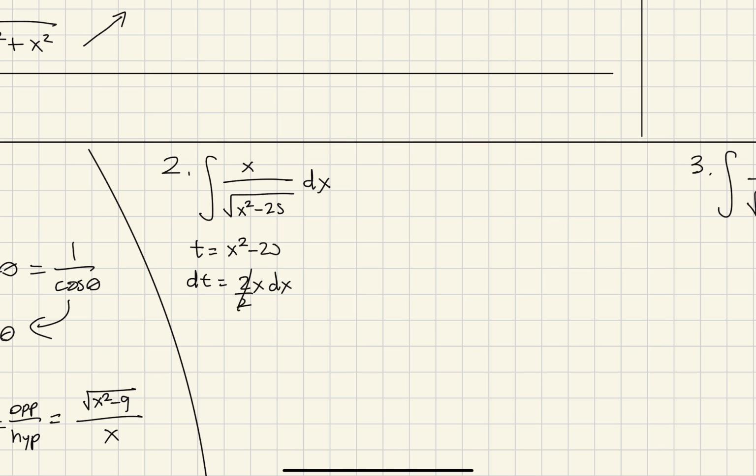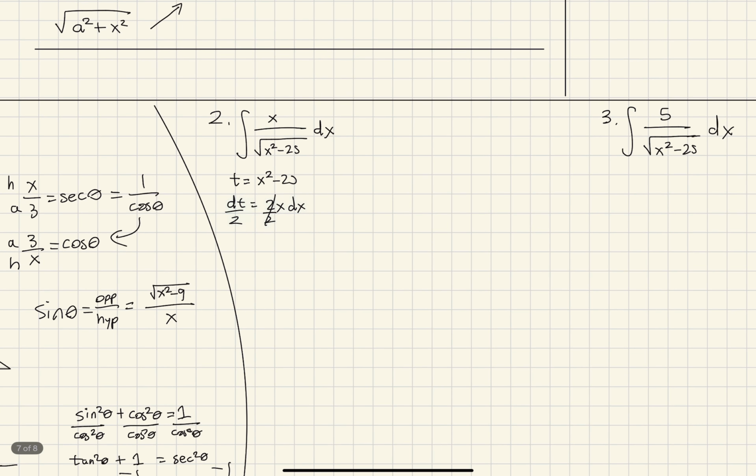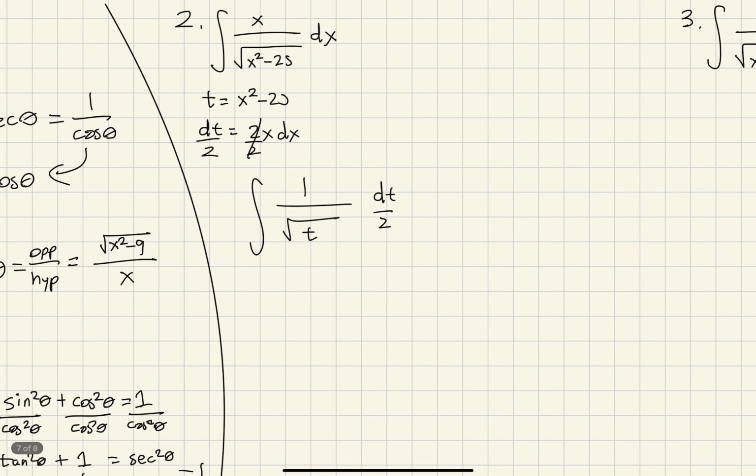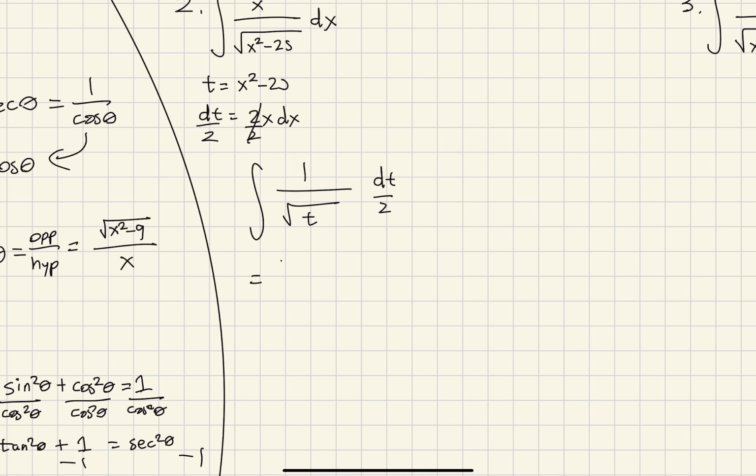Move 2 to the other side. x dx cancels out, so we get 1, and the bottom goes to t. So dt over 2. Now we move the 1/2 to the outside and then simplify it down.